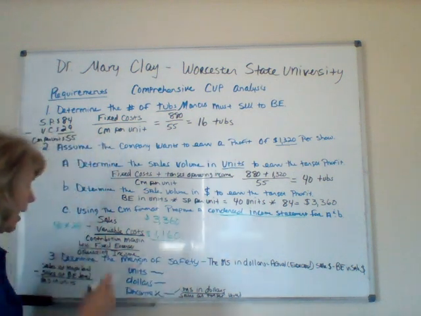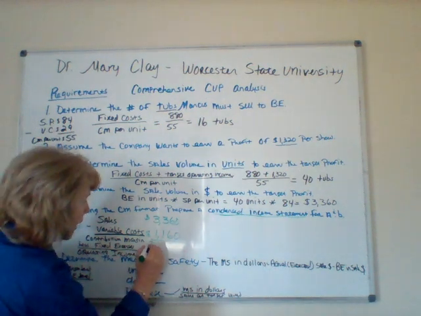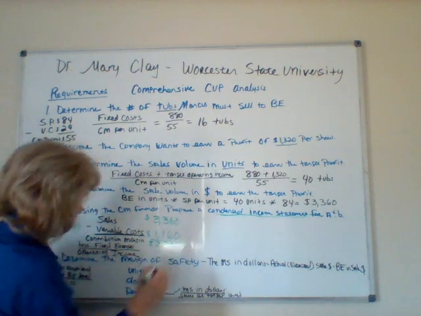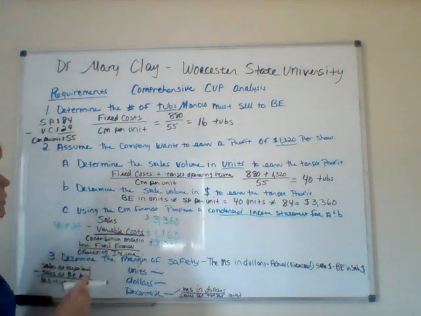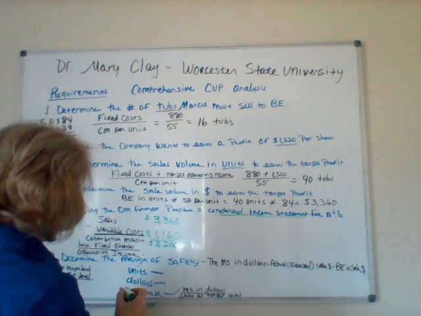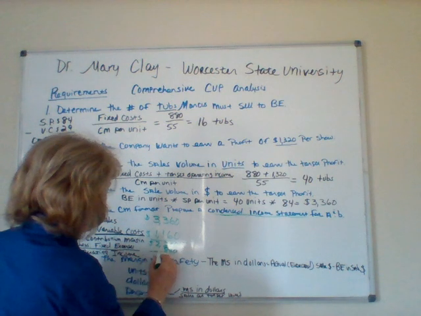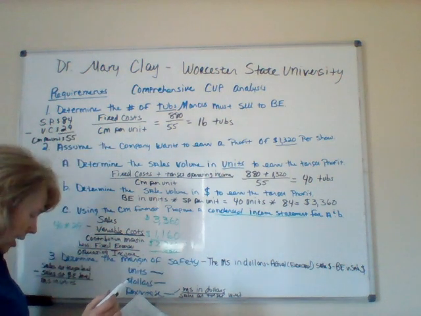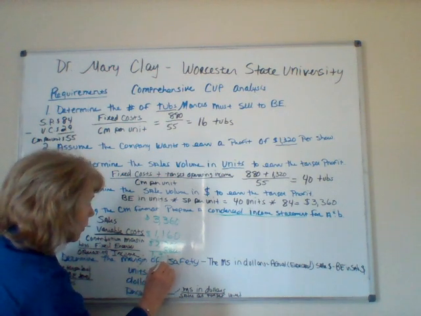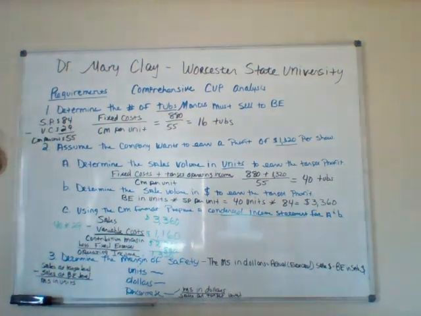We will subtract that, and that will give us our contribution margin. We subtract it, we're going to get 2,200. Next, we're just going to take our fixed costs. What are our fixed costs? Those are 880. We will subtract that. So our operating income at that target net income is what we said, $1,320.